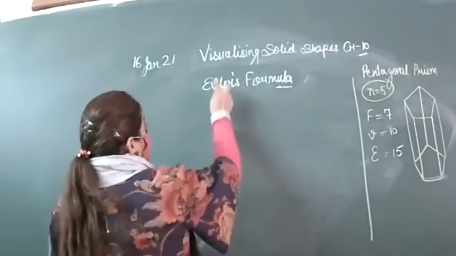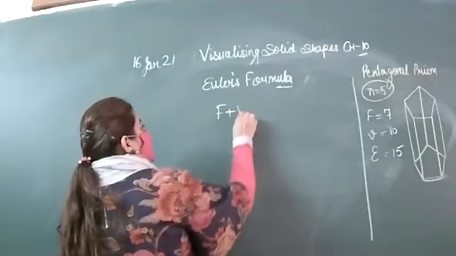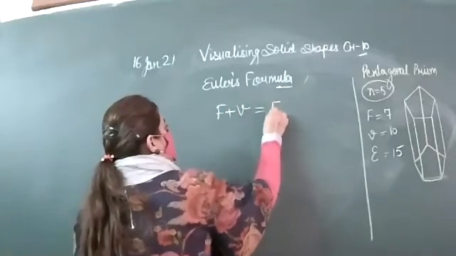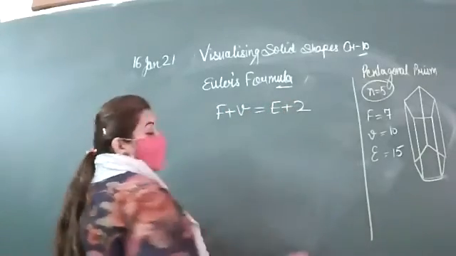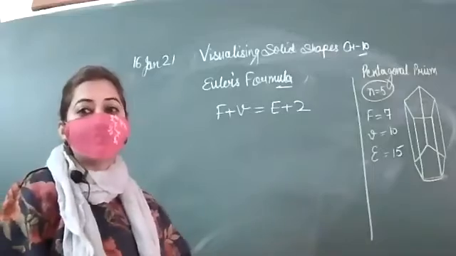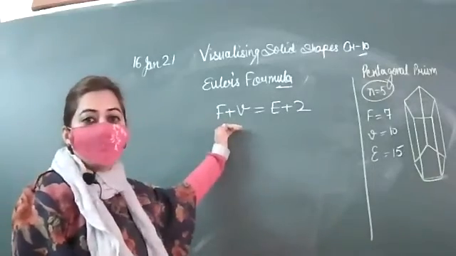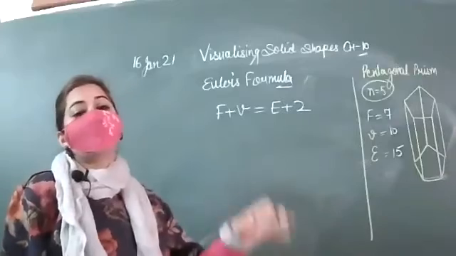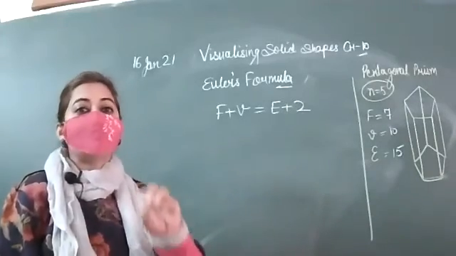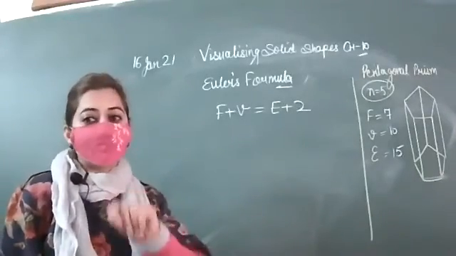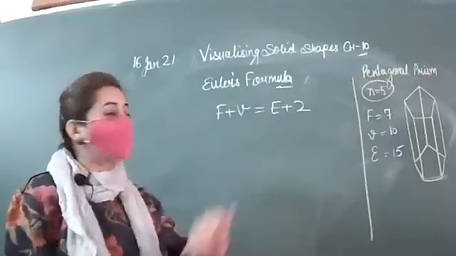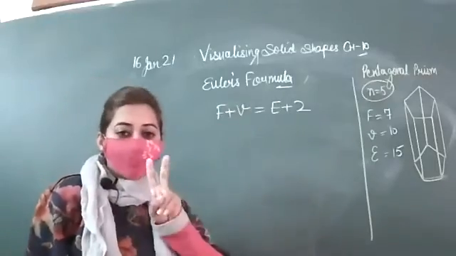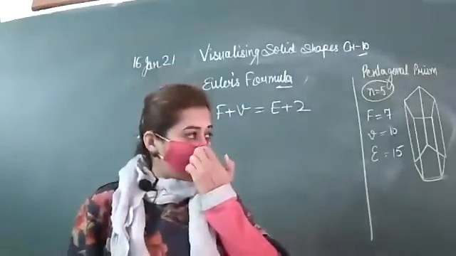Now, the formula is F plus V is equal to E plus 2. If the faces, vertices and edges satisfy this formula, that means a polyhedron is possible. Got it? So two things I have just spoken.